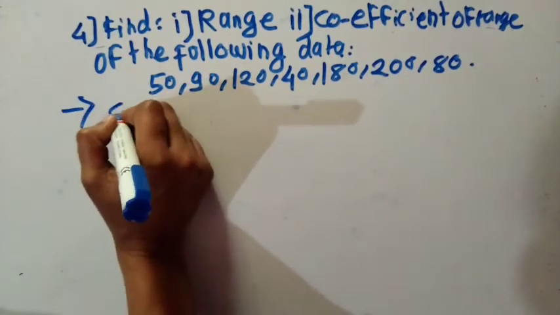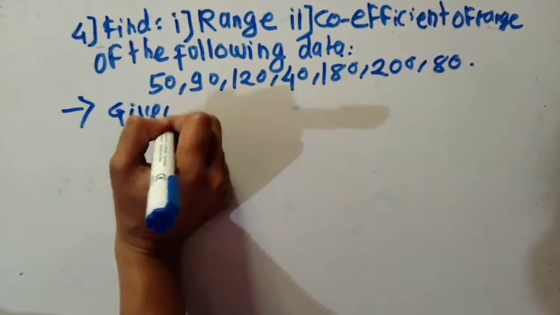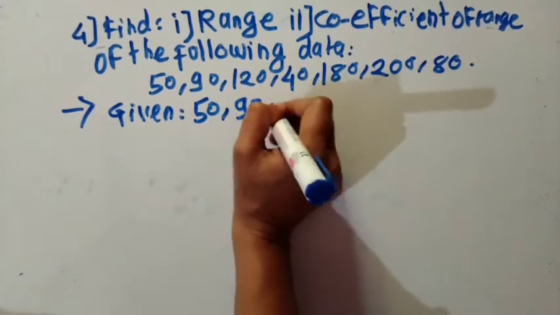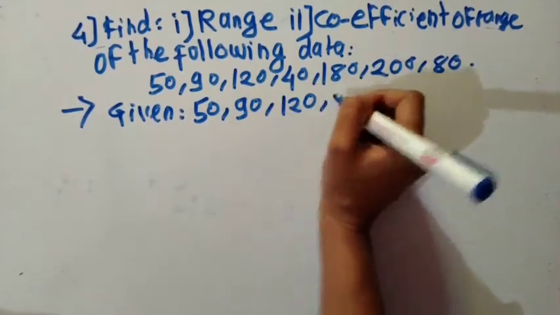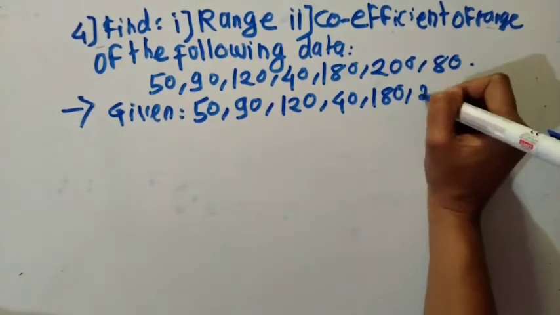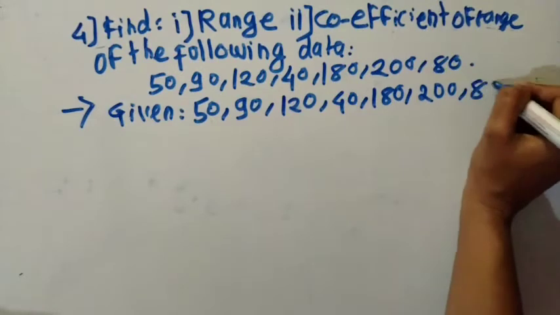So first, upon given that this data: 50, 90, 120, 40, 180, 200 and 80.